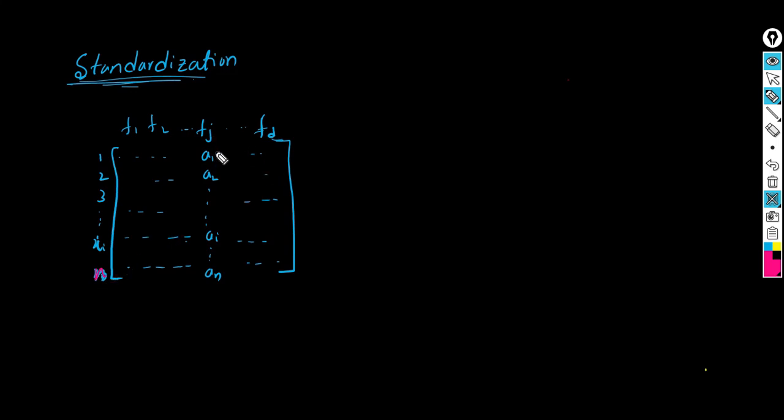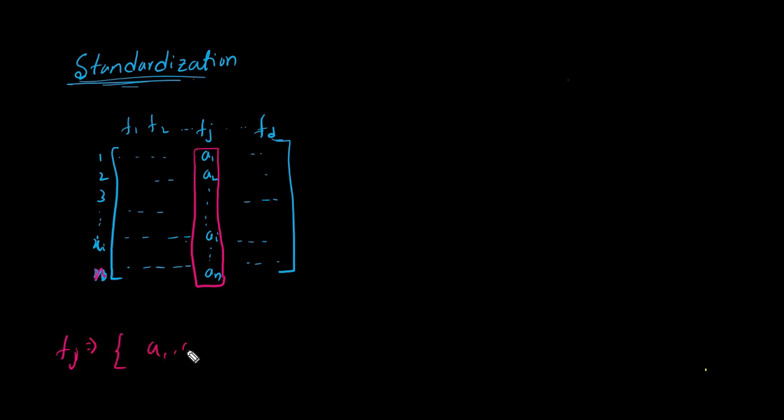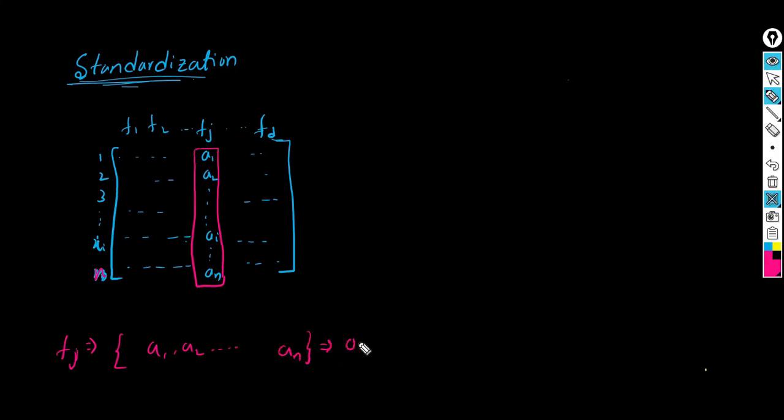And for the fj feature we have these values. Here also we will do column standardization. We are not going to do row standardization. And the fj feature contains the values a1, a2, up to an. These are the original values.